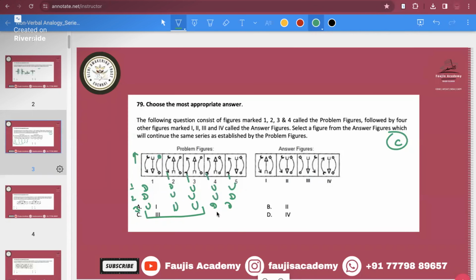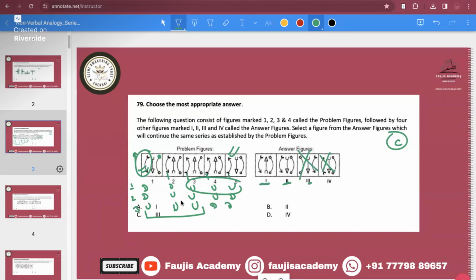So that means it will be 3 times up over here. That means the orientation of this arrow will change. Will it change or not? If it changes, it will look like this. Option 1, option 2 are there. 3 and 4 got cancelled.